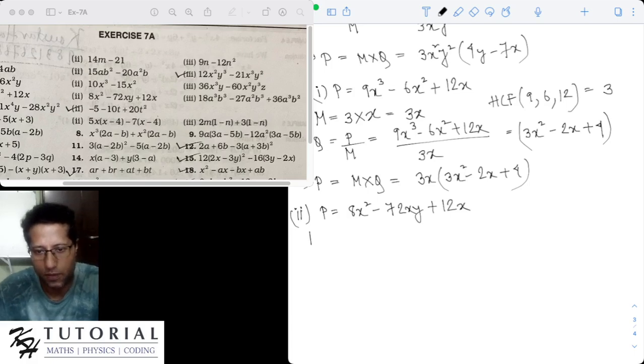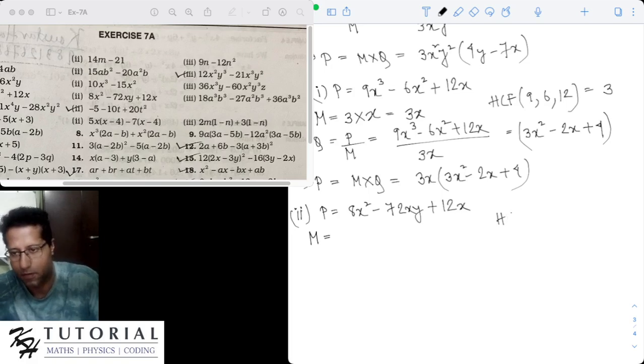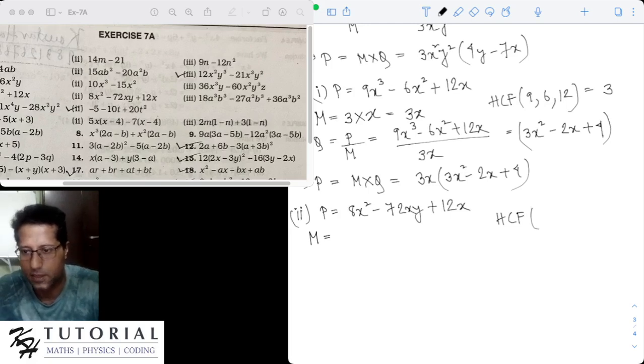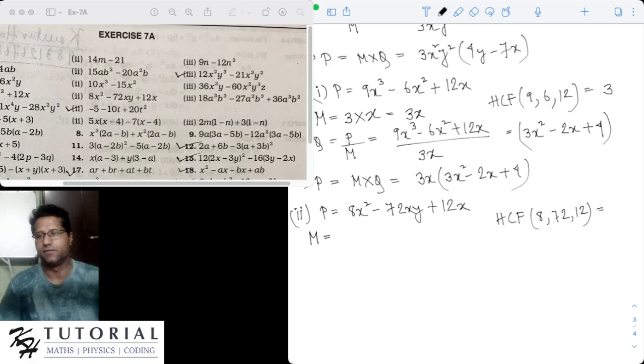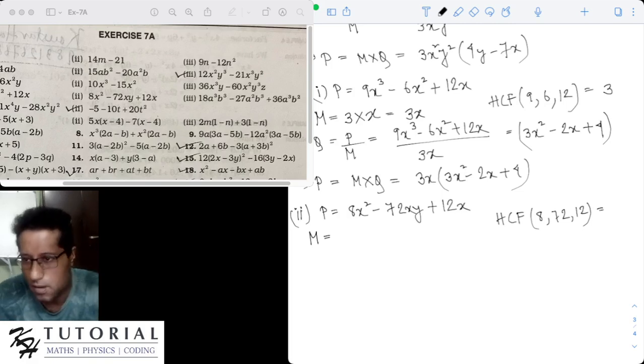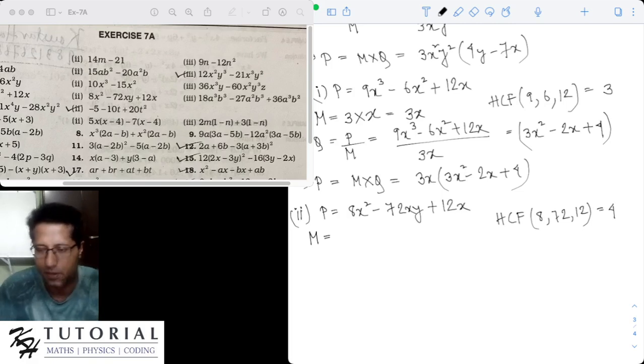So we first figure out what the common factor will be, that is the common factor which is a monomial. First, we find the HCF of the numerical coefficients, ignoring the sign of all the terms. That is HCF of 8, 72, and 12. What is the HCF of 8, 72, and 12? I guess it is 4. I hope it is 4.